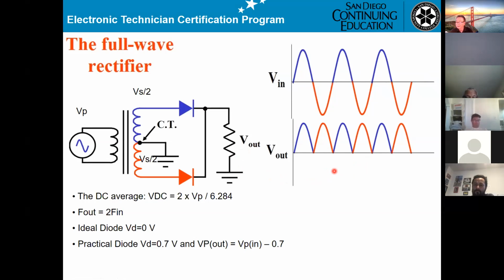And if we're looking into this here, the voltage will be the same as the half wave. However, the frequency will be different. Frequency: the period of the input from here to here, the period of the output from here to here.